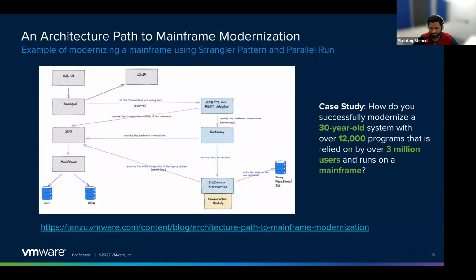The link in the slide deck shows how incrementally we brought in the Strangler Fig pattern, and we also used a parallel run with the comparative model to ensure that the results from the new microservice and the mainframe were always accurate, and slowly we moved away from the mainframe system.